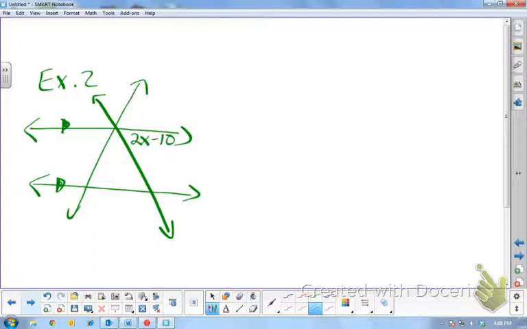Let's say we have 2x plus 10 there, x plus 15 there. So let's say I would like to solve for x.